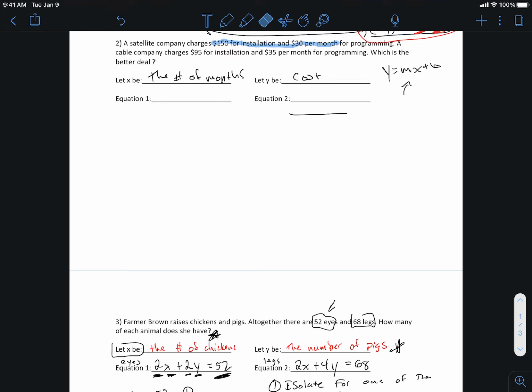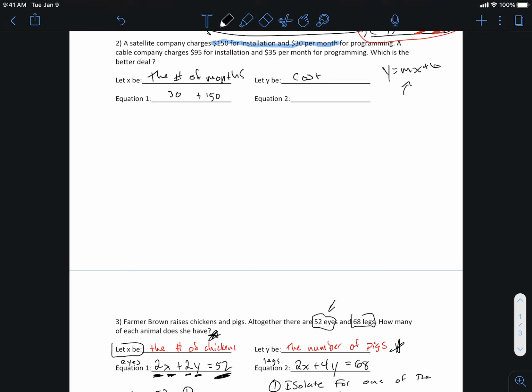For the first one, $150 for the installation, that sounds like I'm going to show up and it's going to be $150. So no matter what, you're going to pay $150. And then from that point forward, however long you stay in this commitment, it's $30 per month.